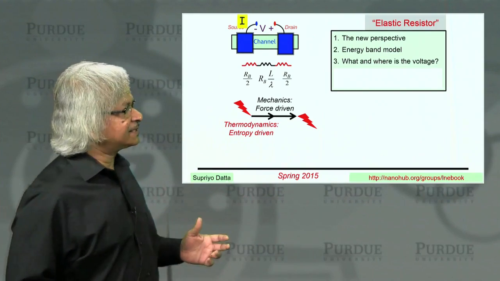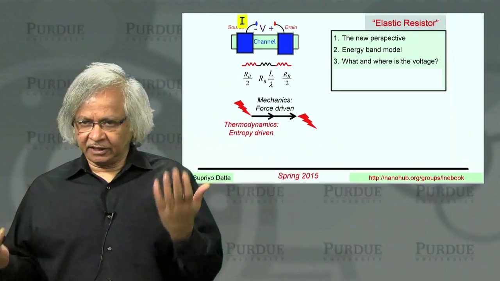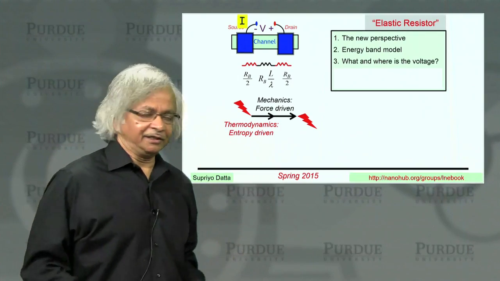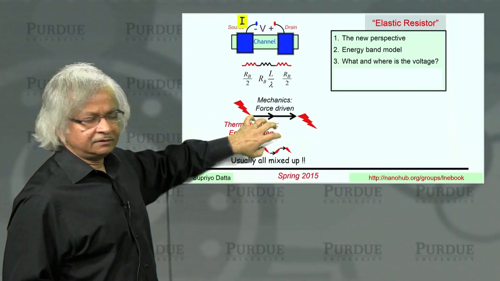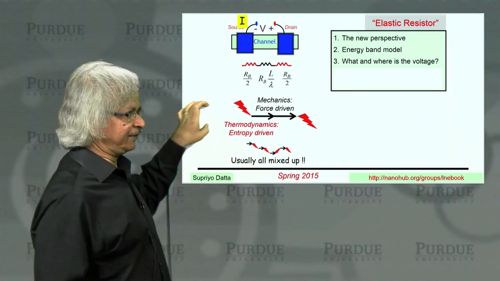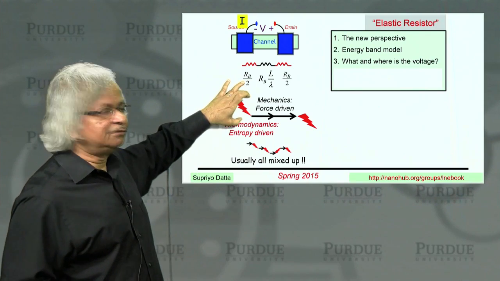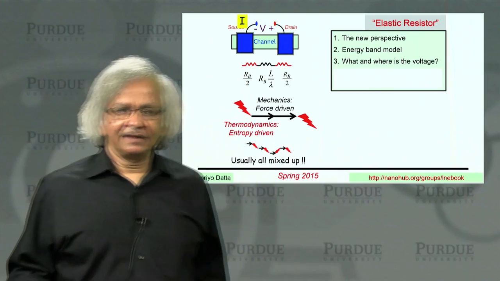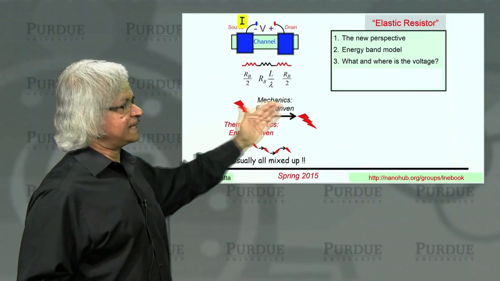And what makes transport such a difficult subject, transport meaning this flow of electrons or any other entity, is that these two processes are all mixed up. The force-driven things and what you might call the entropy-driven things. And what makes this model particularly easy to understand is that the two processes are separated.